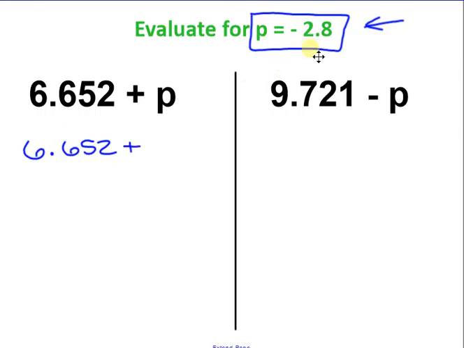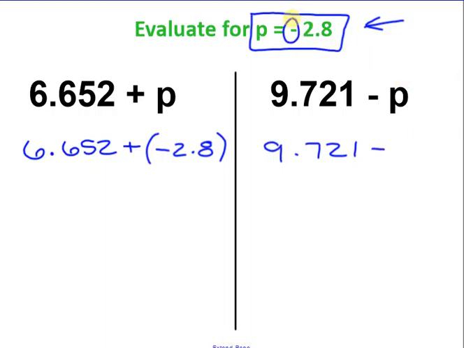So what this is going to say is 6.652 plus, and it's a very, very good habit when you put a number in for a variable or for a letter to put it in parentheses, because what that does is it just helps you organize it a little bit better. Okay, and while I'm at it, I'm going to plug this one in as well, 9.721 minus.